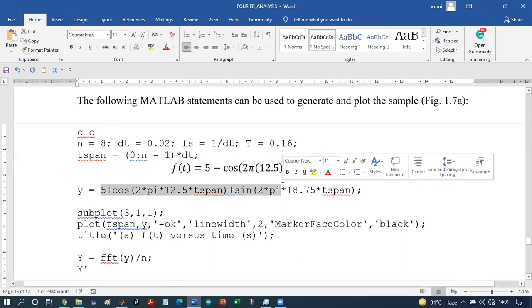So what you are essentially doing is that we are plotting these values as a function of t. So 0.02, 0.04, 0.06, 0.08, 0.1, 0.12, 0.14.